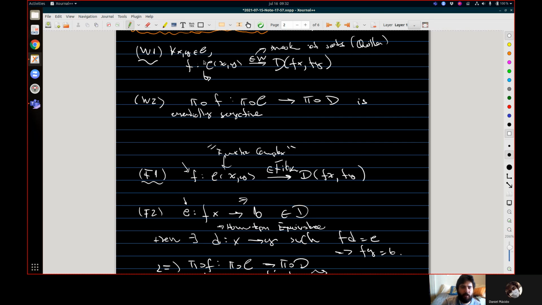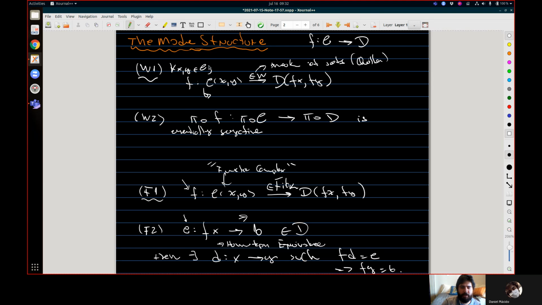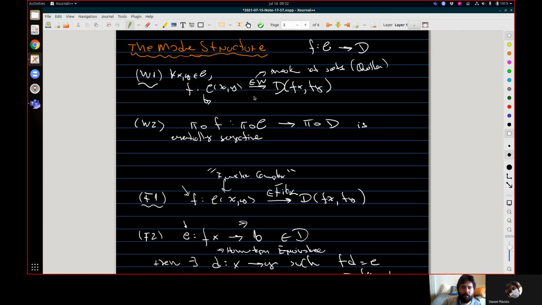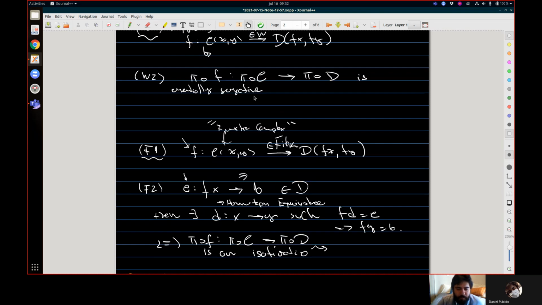So here we want it to be a weak equivalence. We say that it is locally a weak equivalence in the model structure of the category in which we are enriching our categories. Here the same thing. We require it to be locally a fibration, a Kan fibration, and here a Kan weak equivalence or Quillen weak equivalence.